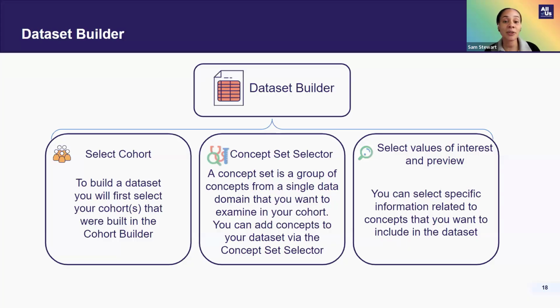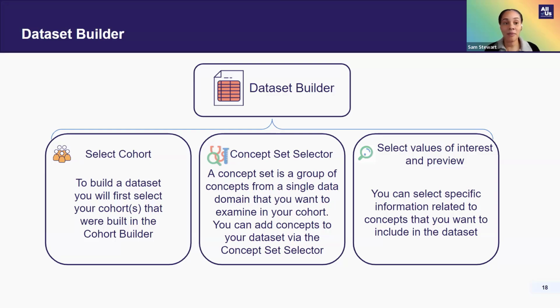As I mentioned, the Dataset Builder tool provides a point-and-click interface that helps you build a dataset in a three-step process. First, you can select the cohorts that you just created in your Cohort Builder. They will automatically populate in that first column. Then you can select concepts about your cohort from the various data domains that I highlighted at the beginning of this presentation.